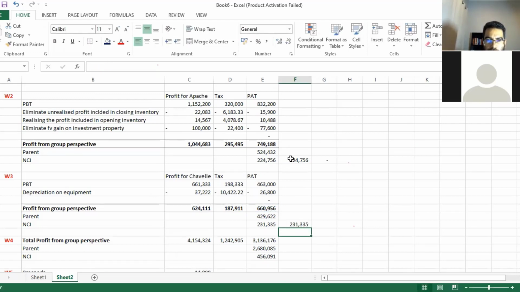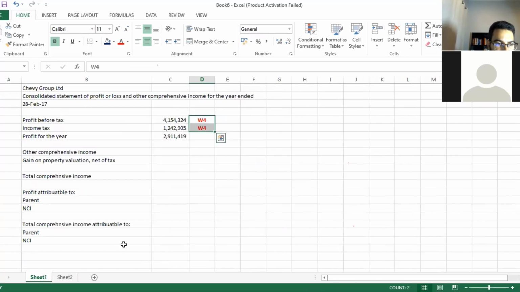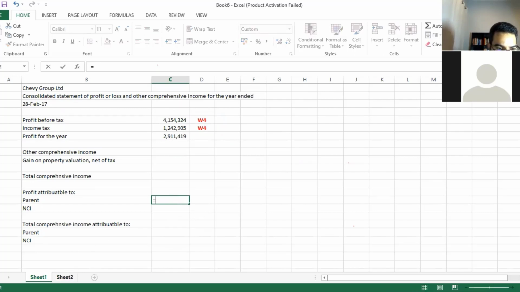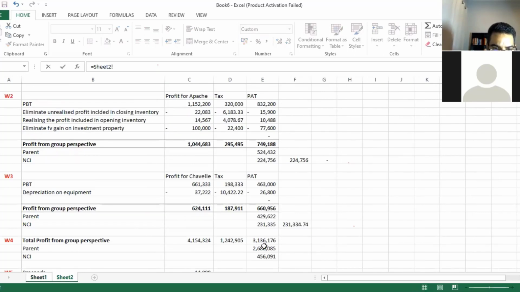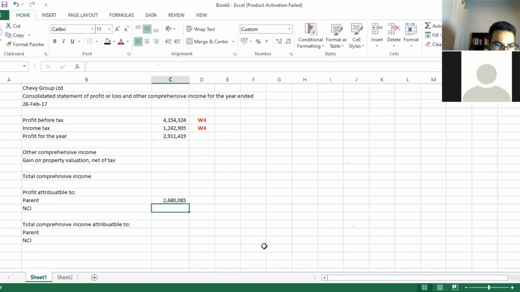Yeah. So now if we do the profit attributable to the parent, we can come over here. Parent profit figure is 286. NCI figure is the difference.